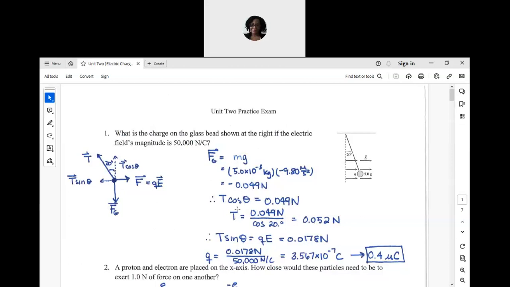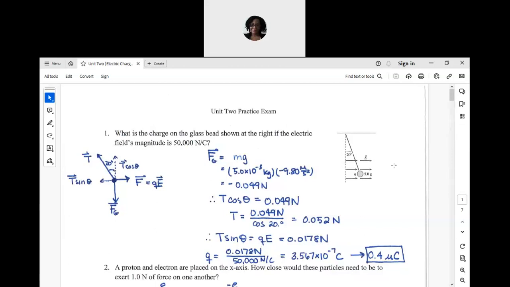And now that I know the tension, I can use the angle that was given to figure out what T sine theta is. And when you do that, you get 0.0178 newtons. And finally, the charge on the bead is going to have to be equal to the ratio of T sine theta and the electric field strength, 50,000 newtons per coulomb.